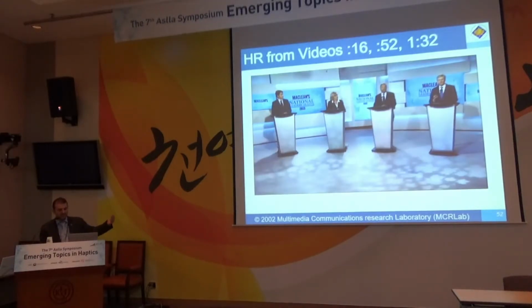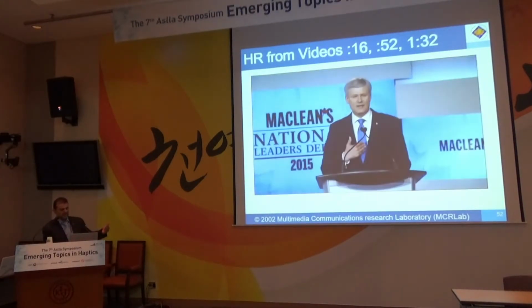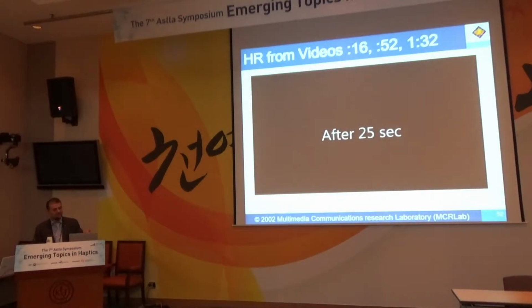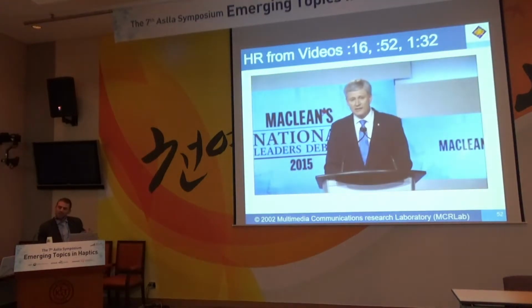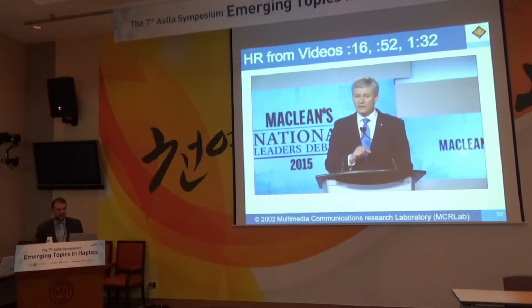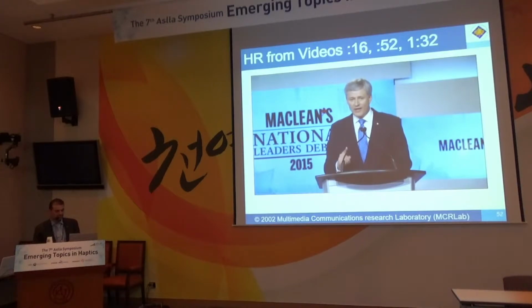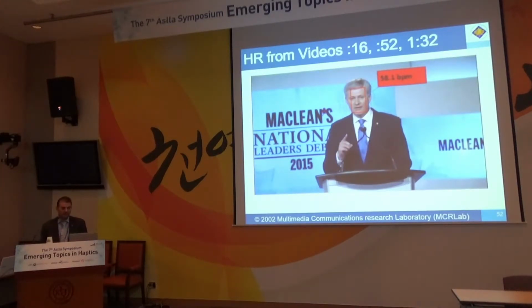And we did the test in the last election in Canada, and you will see here basically after 25 seconds, our previous Prime Minister had a steady heart rate of 58 beats per minute.